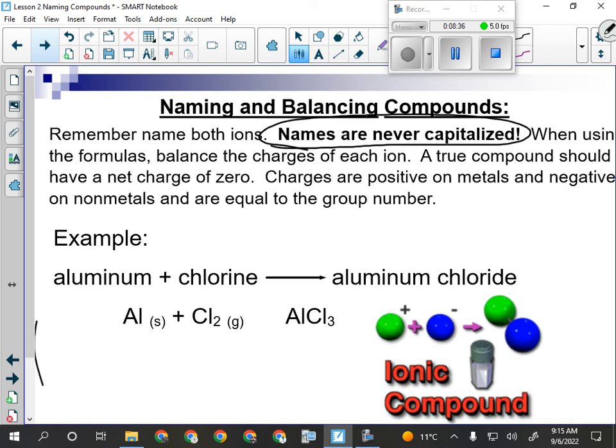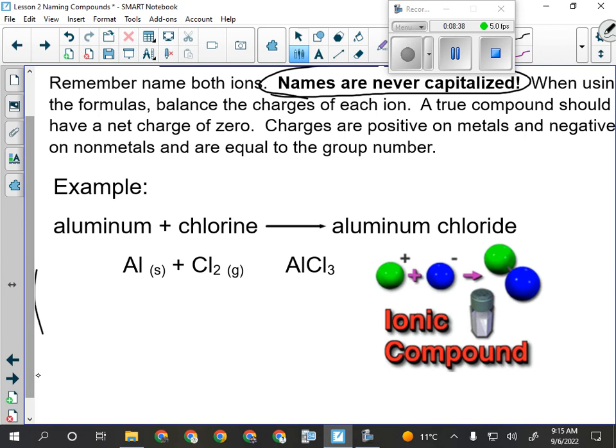Well, if you look at your periodic table, you can see right here in the top right corner of sodium's box, there's a +1. That's sodium's charge. It means it has 1 electron in its outer shell that it wants to get rid of. Aluminum, on the other hand, is +3. That means it's got 3 electrons in its outer shell it wants to get rid of.